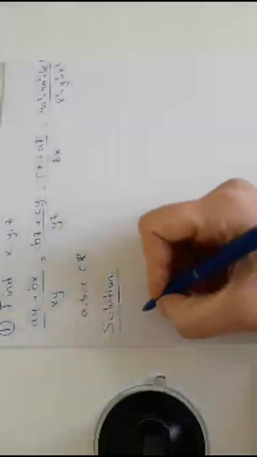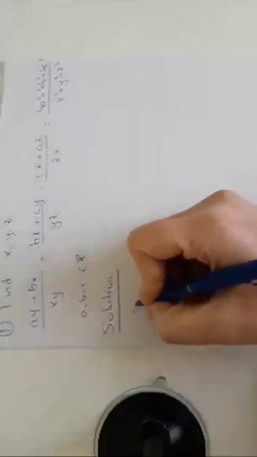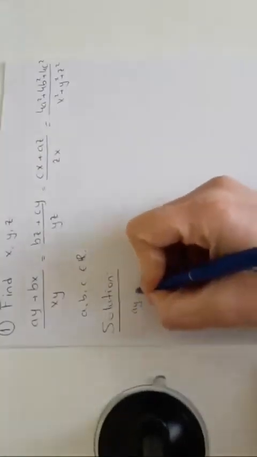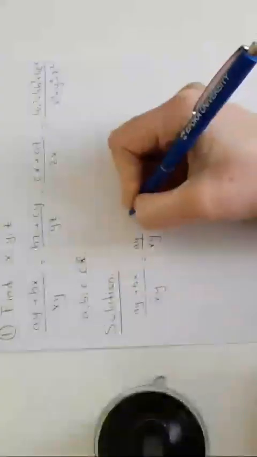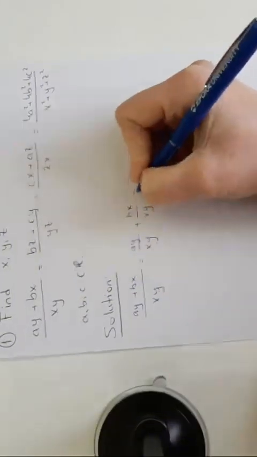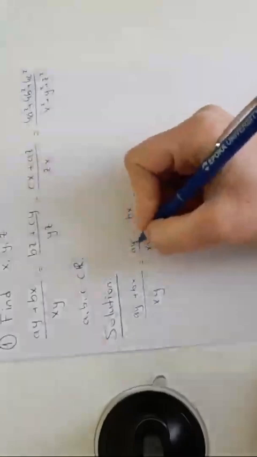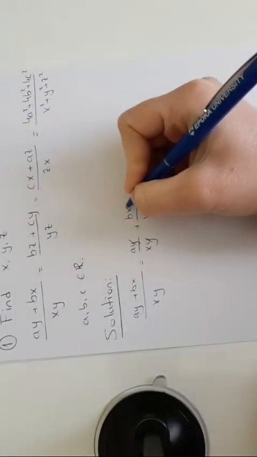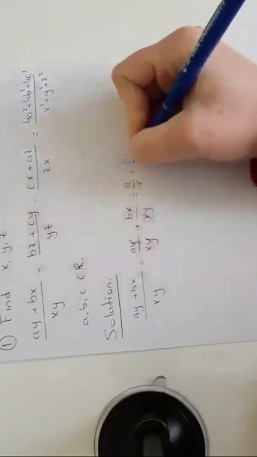Let's start from the first part. If I write (ay + bx) over xy separately, I will get ay over xy plus bx over xy. After simplification, we'll get a over x plus b over y.